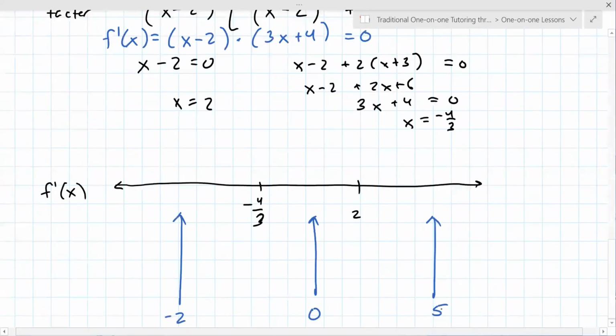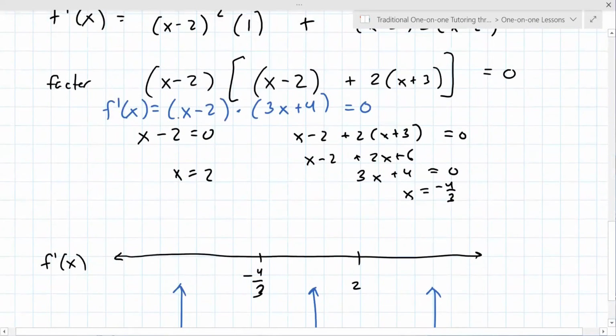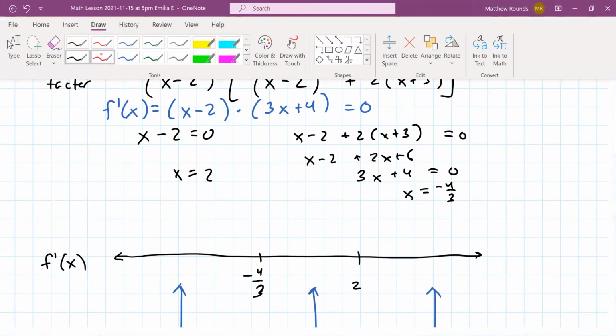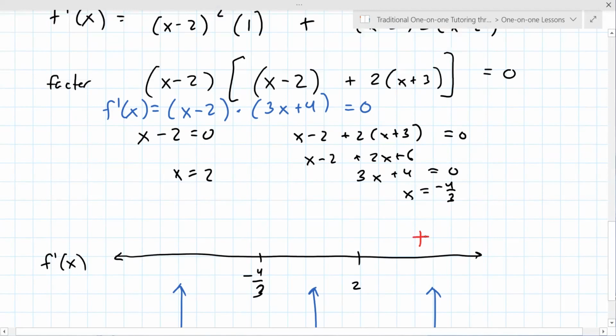So when you test 5, you want to think 5 minus 2 is positive, not 5 minus 2 is 3. And then 3 times 5 plus 4 is positive, not 19, because it's a positive times a positive. The reason is that you only care whether it's positive or negative. It's positive in that window.